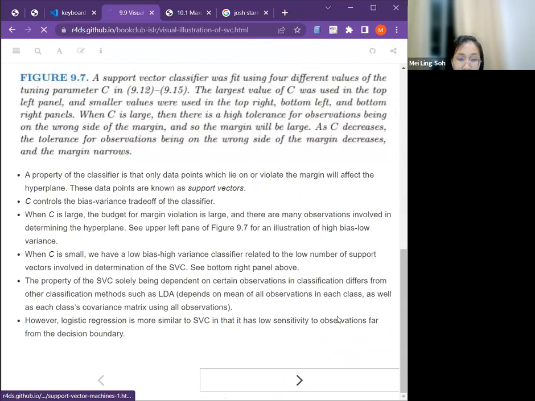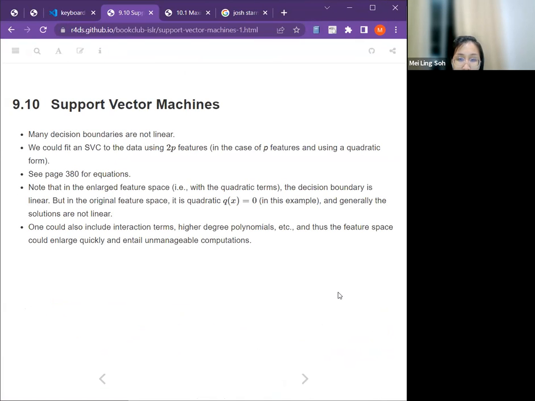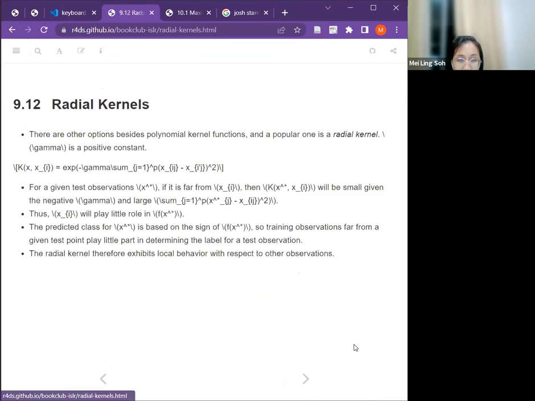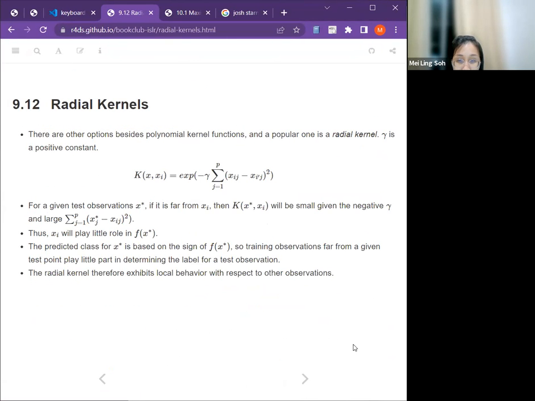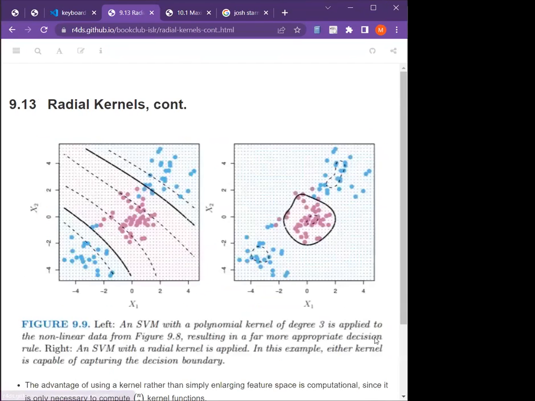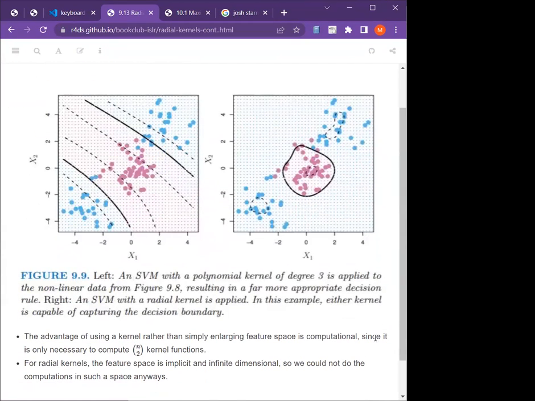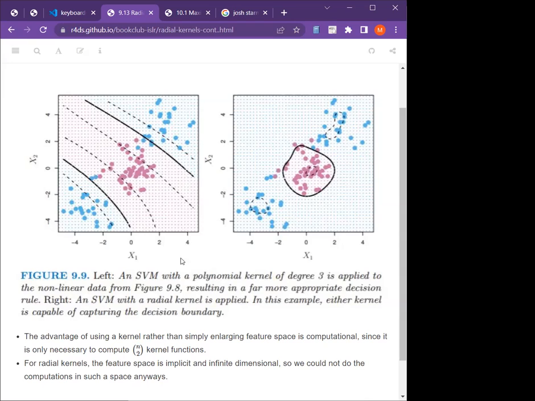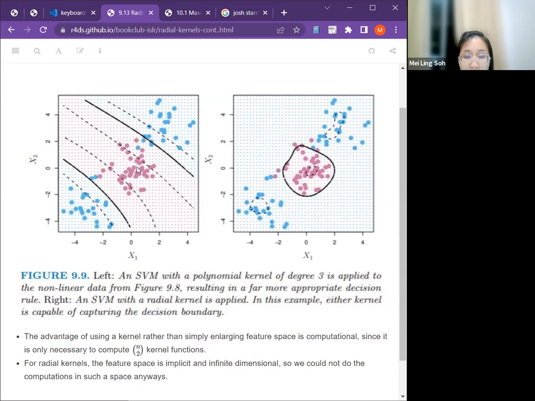One is the polynomial kernel set up to degree 3, so this is a cubic polynomial, and the other is a radial kernel.